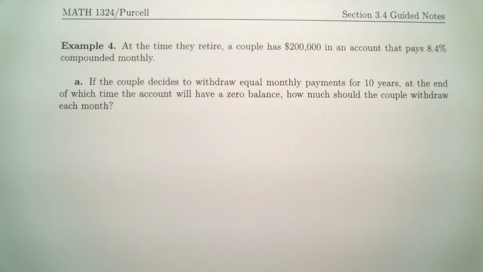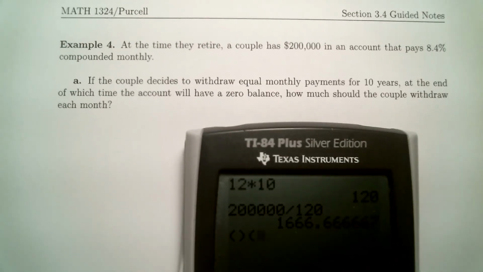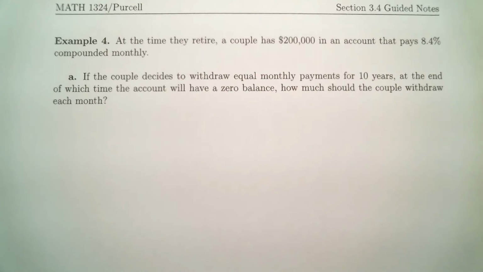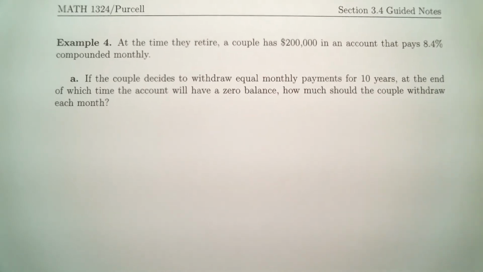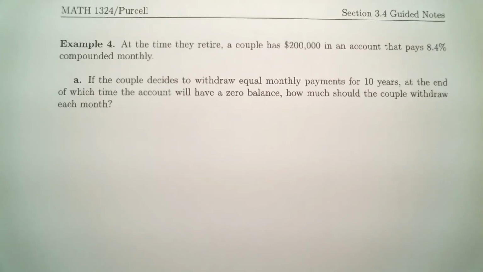You cannot do the problem like this. You can't just divide out, because that doesn't take into account that the money still in the retirement account is still earning interest. So you're going to have to use a formula.